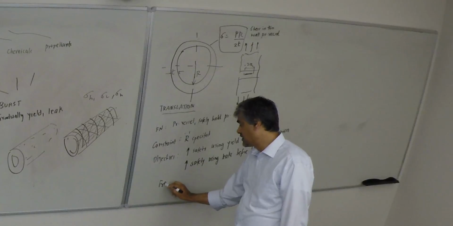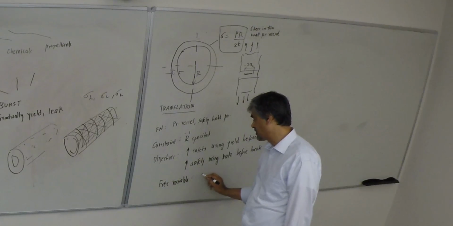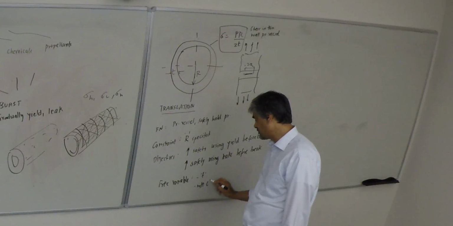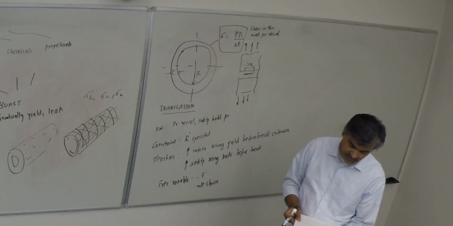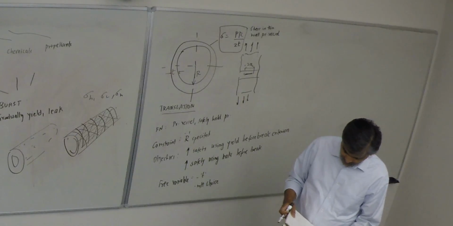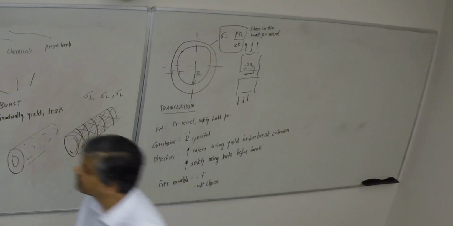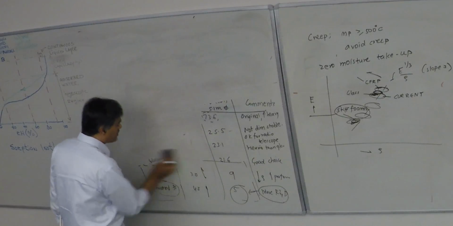The free variables here, of course, are thickness and also the material choice. These are some of the things you should be worried about. I won't go through the whole thing, but I'll just list a few more steps.